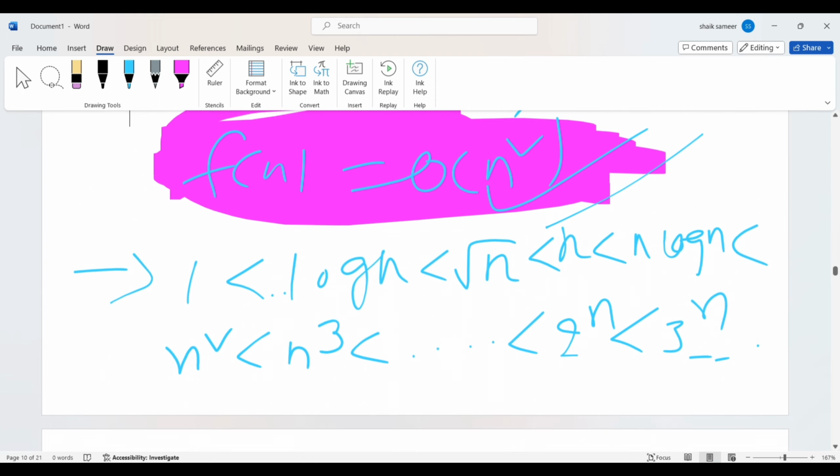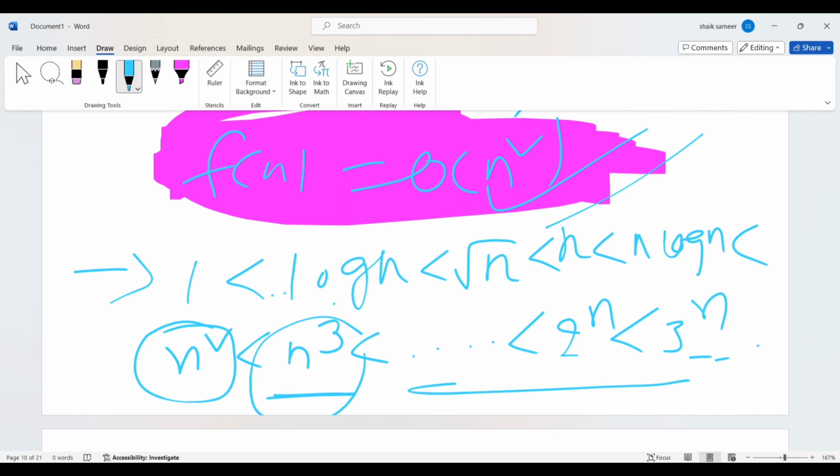Why am I teaching this order? When you look into this order, n square is here. You can substitute n cube in the place of n square, because Bigoh notation is an upper bound notation. You can substitute any upper value of n square, like n cube, or 2 power n.